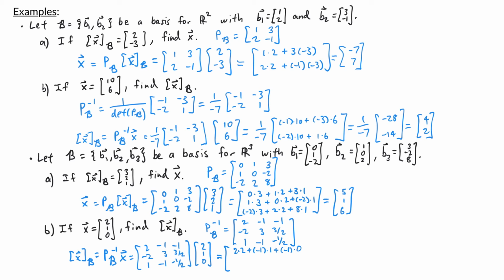In the middle entry, we have negative 2 times 2 plus 3 times 1 plus 3 halves times 0. And in the bottom entry, we have 1 times 2 plus negative 1 times 1 plus negative 1 half times 0. And this gives us the vector (3, -1, 1). So if x is the vector (2, 1, 0), then the B-coordinate vector for x is (3, -1, 1).